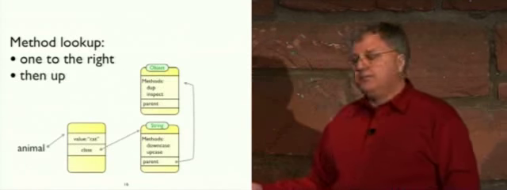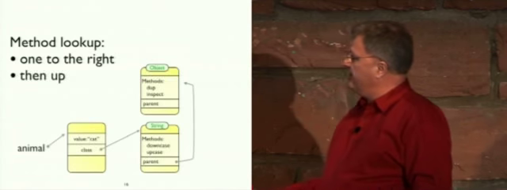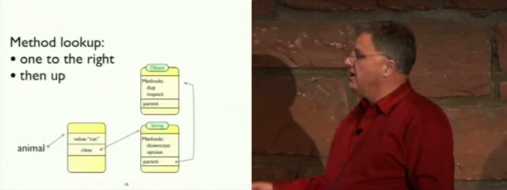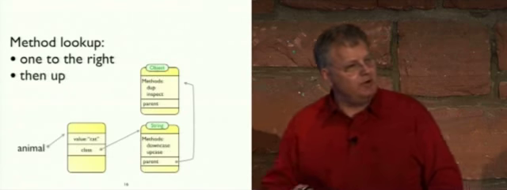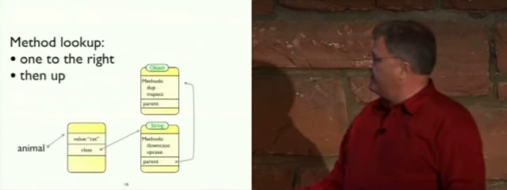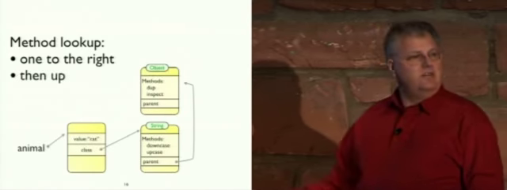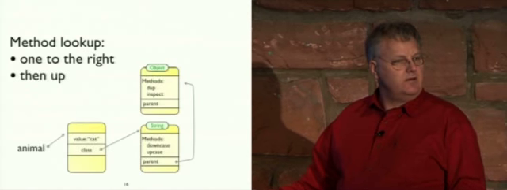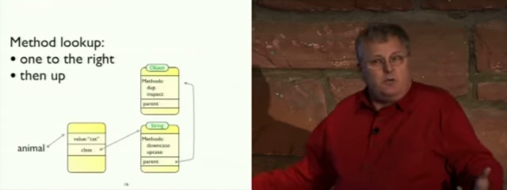How are we going to do that? How do we make the speak method available over here? The only way that can happen is if we have something here that has that speak method defined. Right? That's the only way it can work.